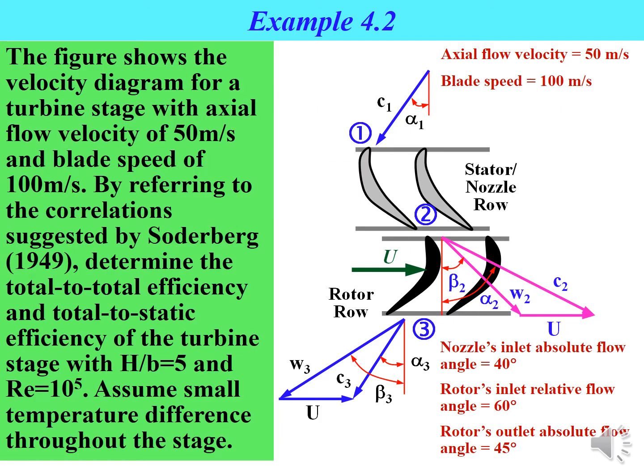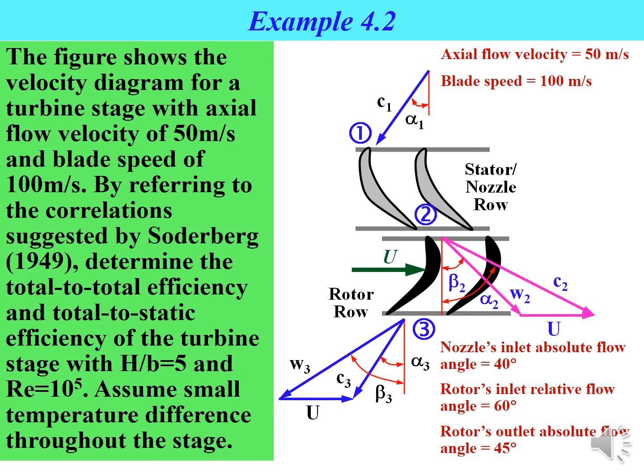Example 4.2. The figure shows the velocity diagram for a turbine stage with axial flow velocity of 50 meter per second and blade speed of 100 meter per second. By referring to the correlation suggested by Soderberg 1949, determine the total to total efficiency and total to static efficiency of the turbine stage with H over B equal to 5 and Reynolds number equal to 100,000.